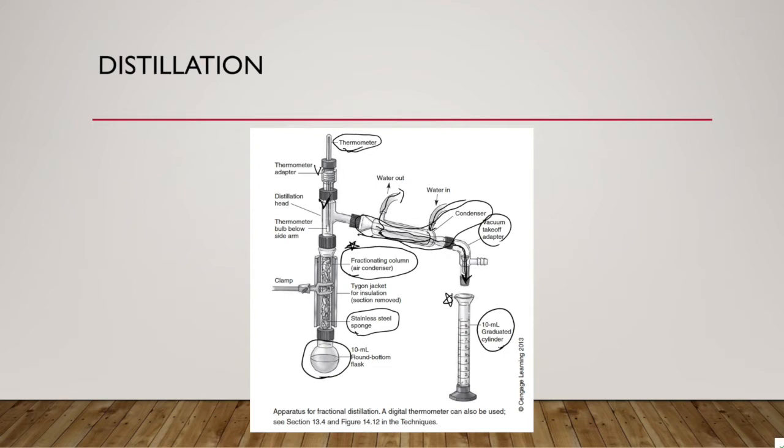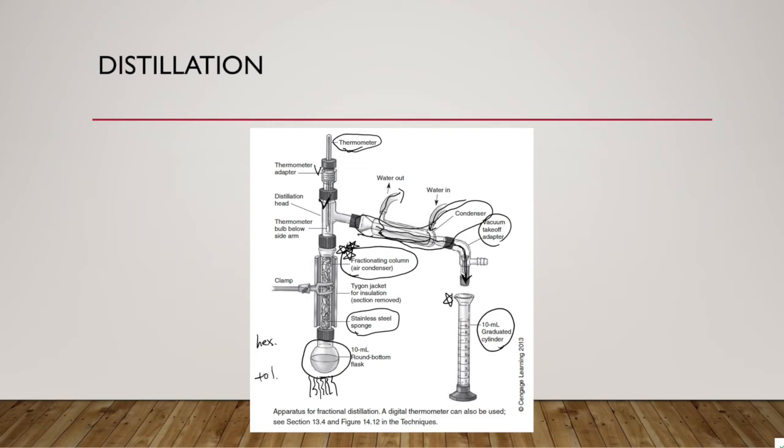The most important part in this fractional distillation is this fractionating column, as I mentioned earlier. So what happens is we heat this mixture on a heating mantle, or sometimes on a hot plate, or sometimes in an oil bath. Then the liquid is going to start evaporating. It's going to start boiling. Then the vapors of the first component, let's say in this experiment we have hexane and toluene.